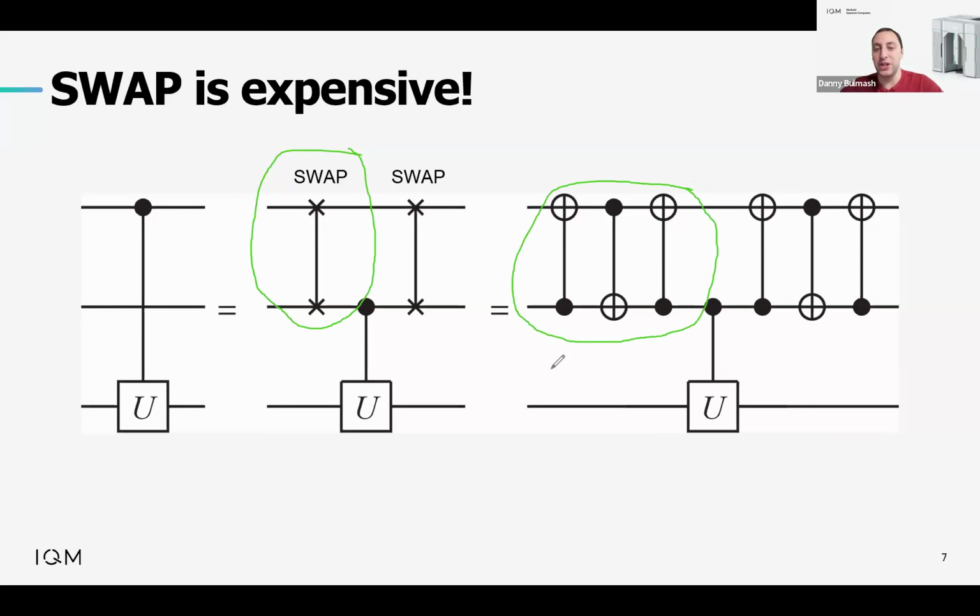Swap is written in terms of things you can really do on the hardware as 3 different gates. And then we actually have to swap back afterwards as well. So what we wanted to do as just 1 gate turns into actually 7 gates on the physical hardware. And so that's a lot of gates. That's a lot of error that we're introducing. And that's a lot of noise that we're allowed to introduce into the system.